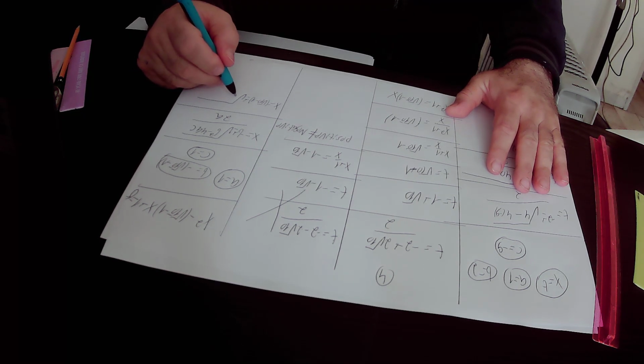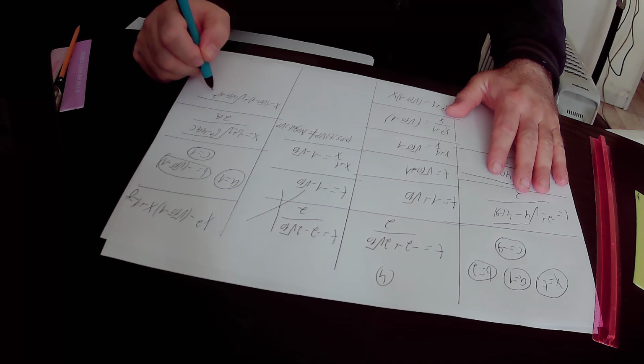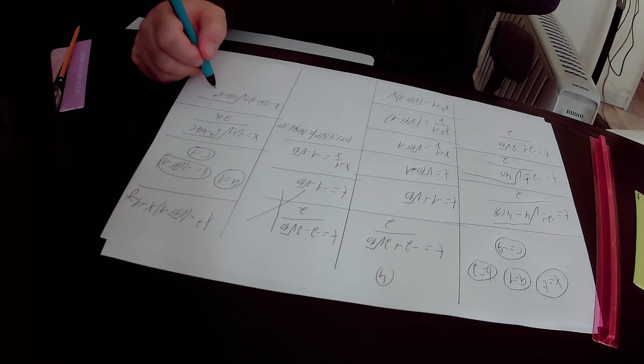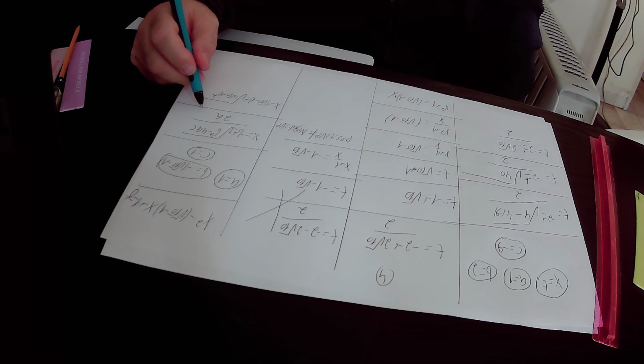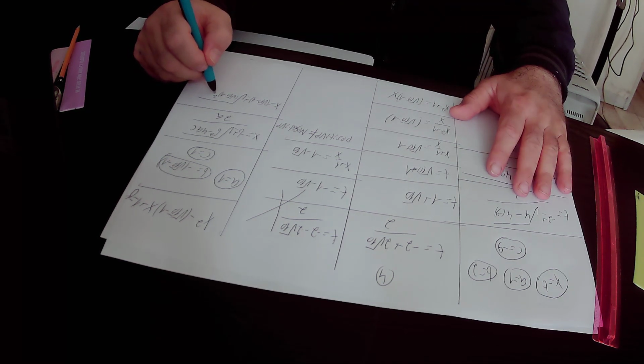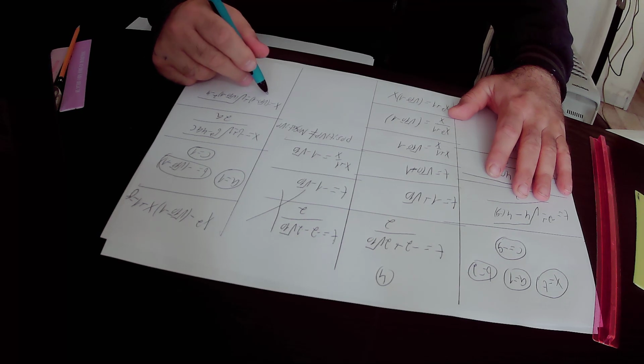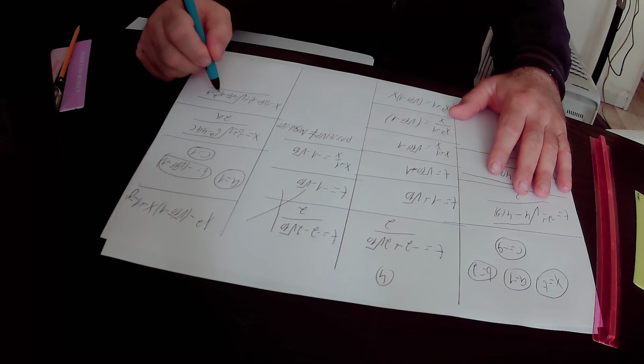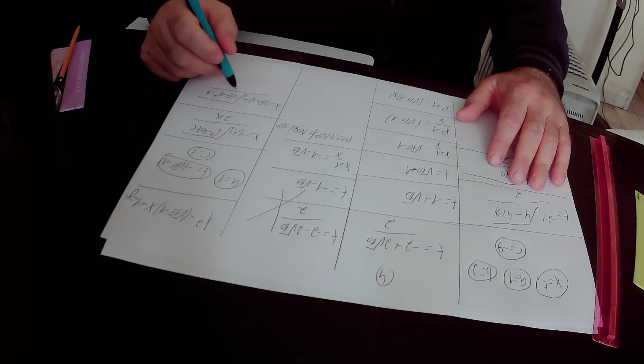B squared will be equal to the square root of 10 minus 1 squared, minus 4 times ac. A is 1, c is 1, so here we have minus 4, over 2 times a. A is 1, so 2 times 1 is 2.